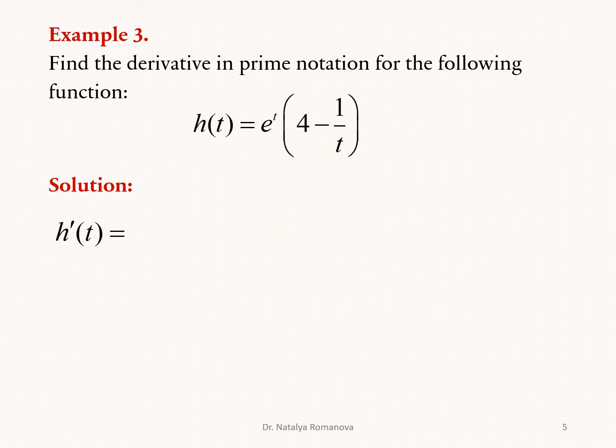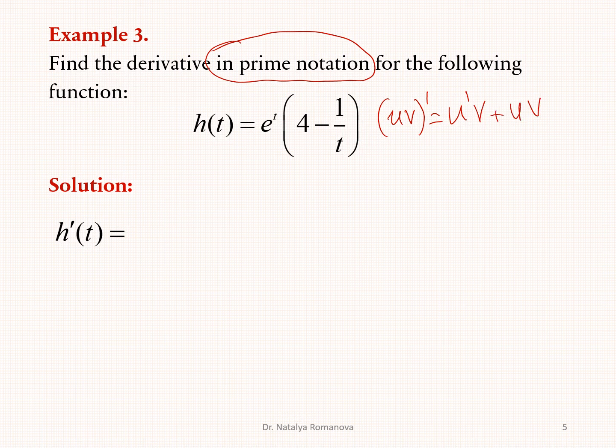Example 3. We are going to find the derivative in prime notation. We will use the prime notation derivative: (uv)' equals u'v plus uv'. We have to find the derivative of the function e to the t times (4 minus 1 over t).